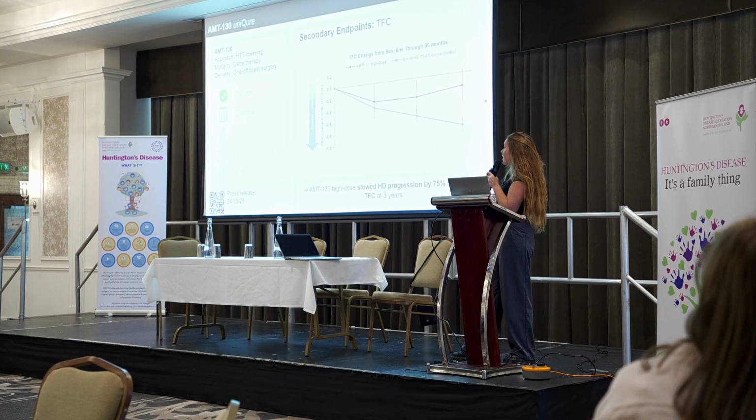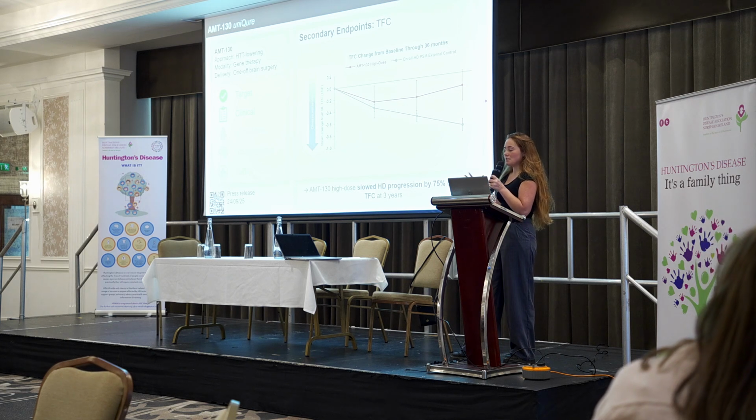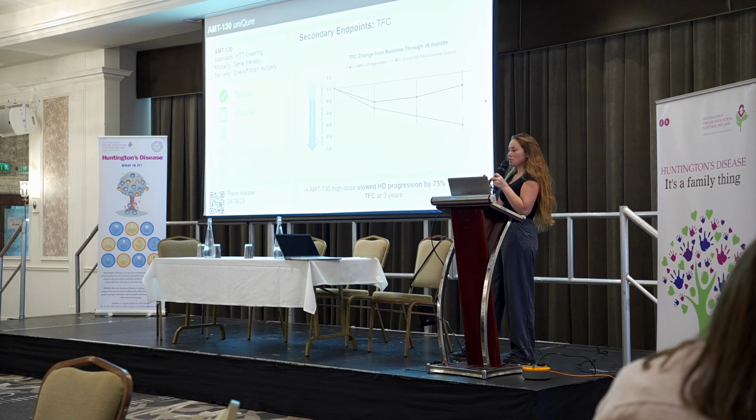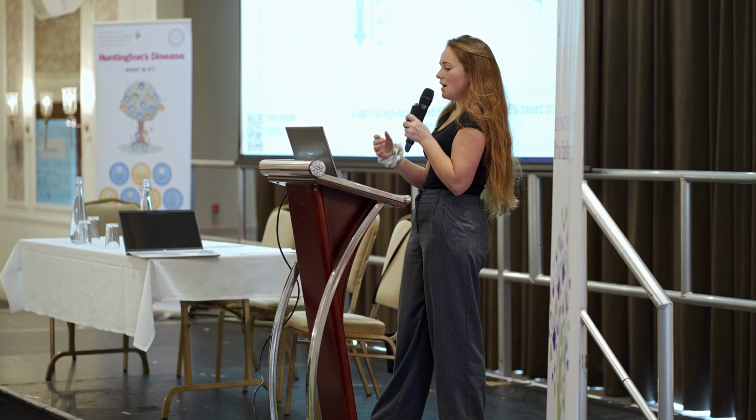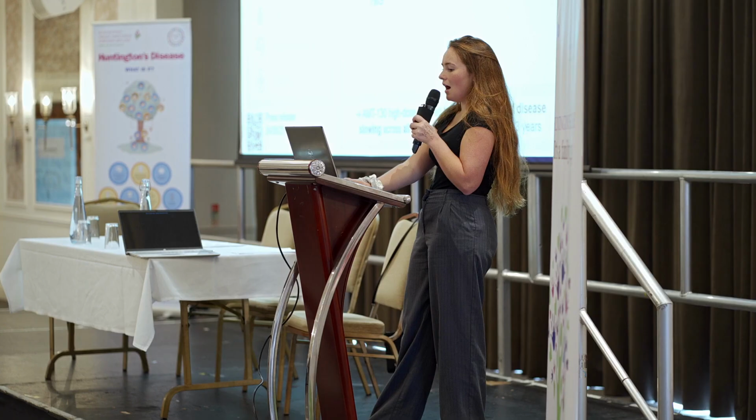Supporting this, they also looked at other clinical measures. As I said, cUHDRS is composed of 4 different clinical subdomains, and they found that across each of these subdomains, there were trends for improvement, a reduction of the rate of progression following treatment.